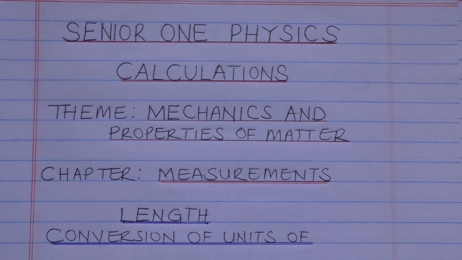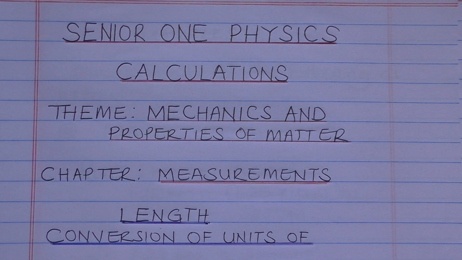That is, mass measured in kilograms, time measured in seconds, length measured in meters, current measured in amperes, amount of a substance measured in moles, and luminous intensity measured in candela. So those are some of the fundamental quantities we have.